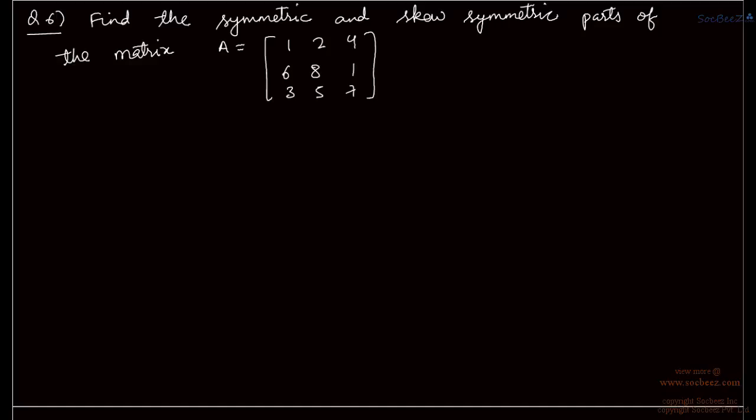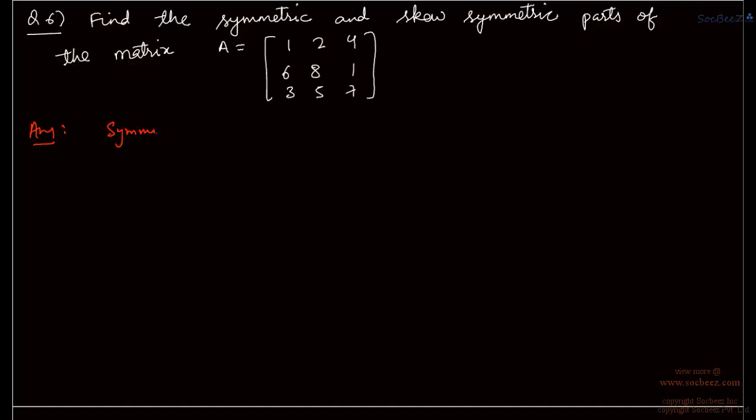Right. So how exactly do we do that? So there is a very simple way to do that. What that property means is that any matrix can be represented as a symmetric part and a skew symmetric part.